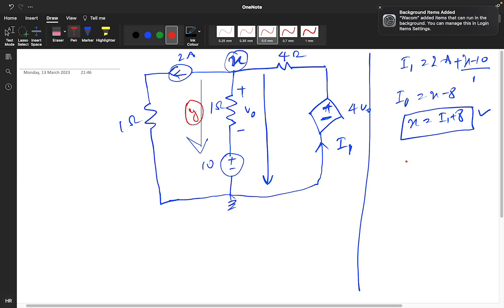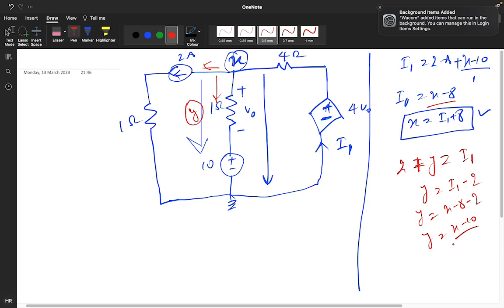Okay, so 2 ampere plus y will be your I1, right? This is outgoing current. So y will be I1 minus 2. I1 value is x minus 8, so x minus 8 minus 2, what value are you getting? x minus 10. Am I correct?